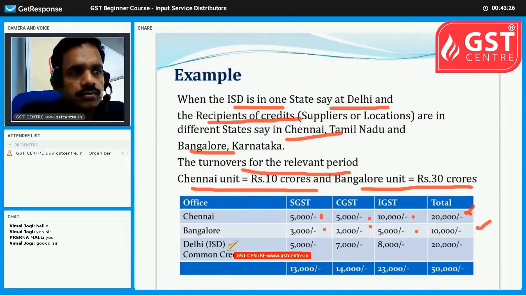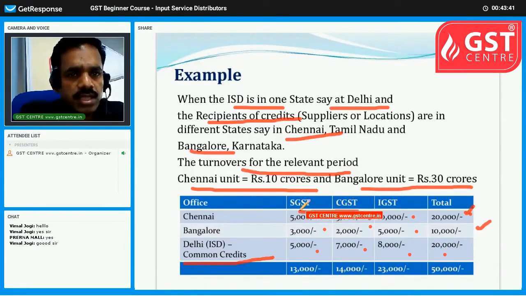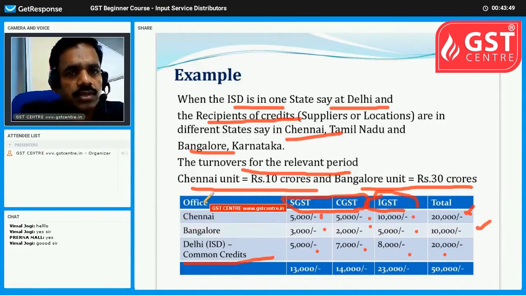Then in the case of Delhi, the input service distributor, the common credits available are 5,000, 7,000, 8,000. Total is 20,000. SGST and CGST will come only in the case of intra-state purchase and IGST in the case of interstate purchase. So such input tax credit is available to all units.